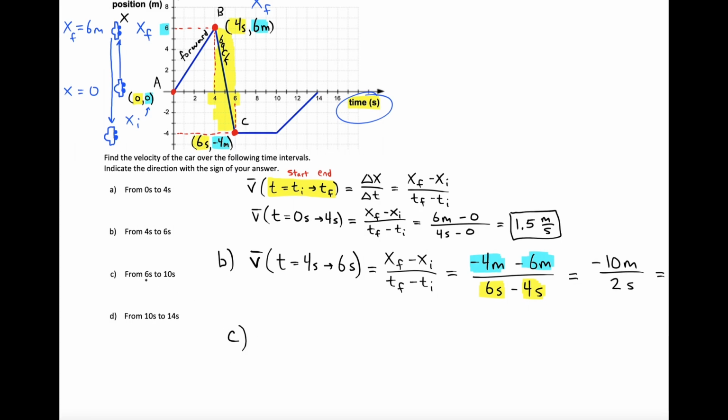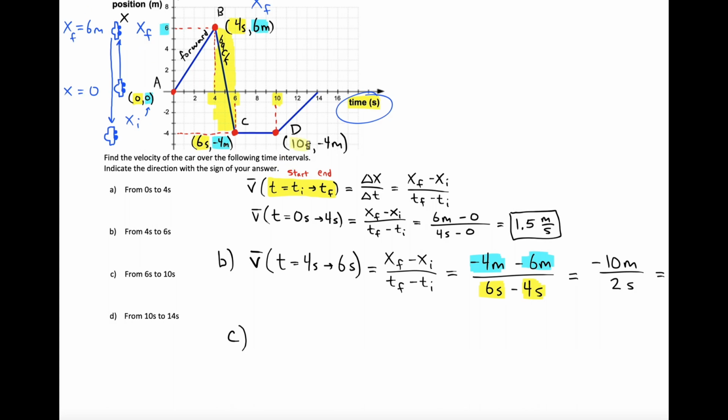Part C says we're going to go from the time of 6 seconds to the time of 10 seconds now. So 10 is here. If we trace that down, we could create point D. And its coordinates will be 10 seconds, comma, -4 meters.